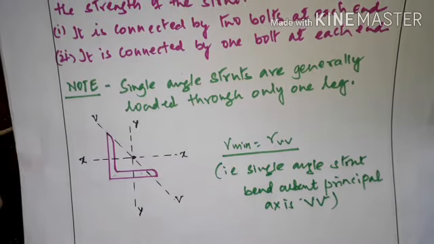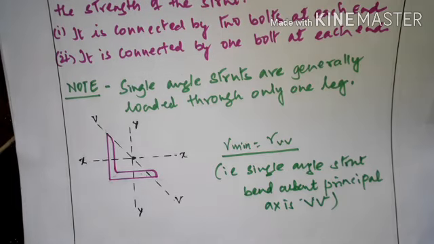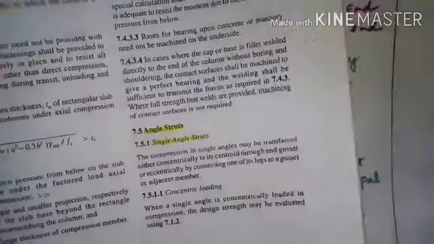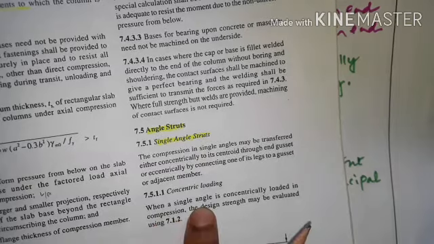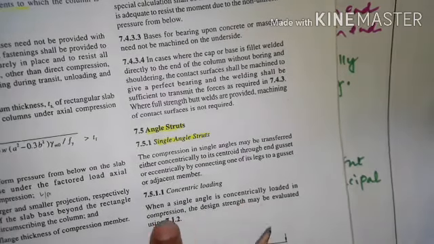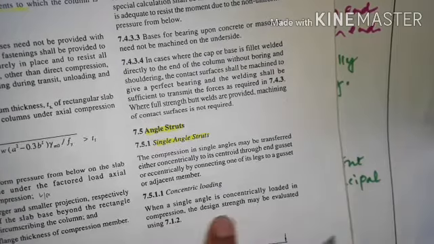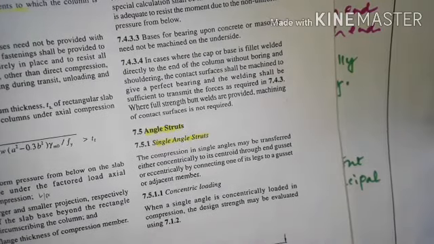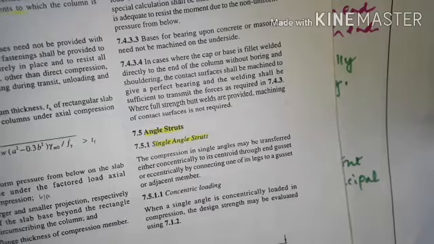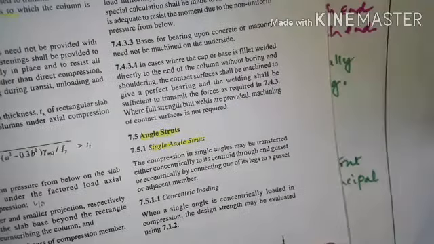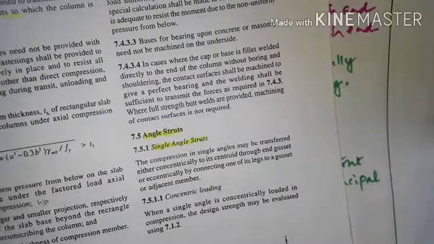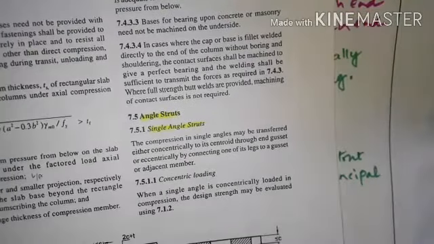Okay, understood? So that's why in the clause, if it is concentric, when single angle is concentrically loaded in compression member, the design strength may be evaluated based on 7.1.2, what we have calculated in the previous session.